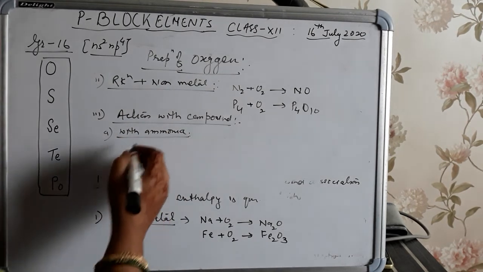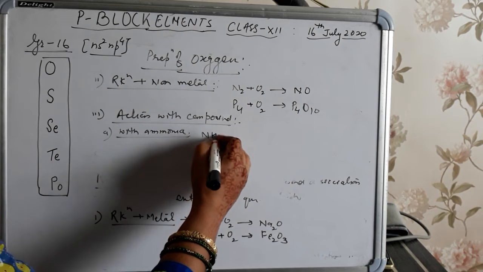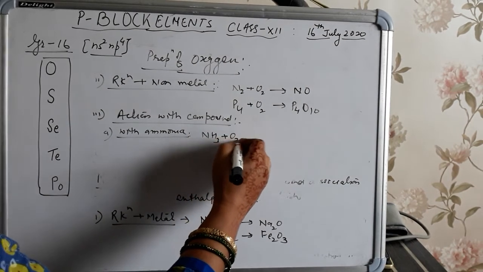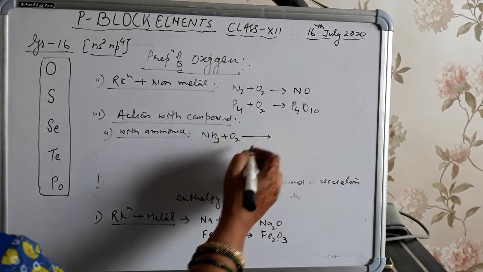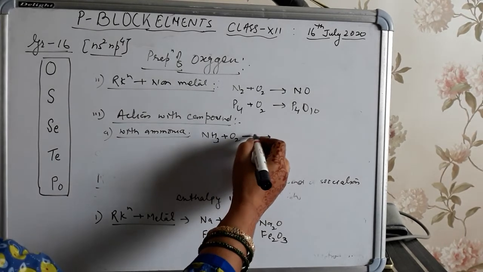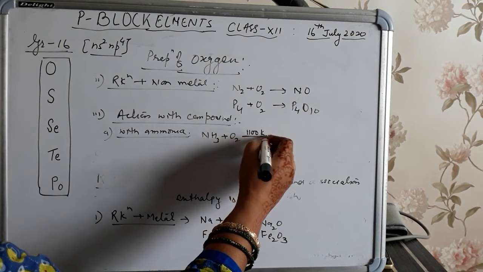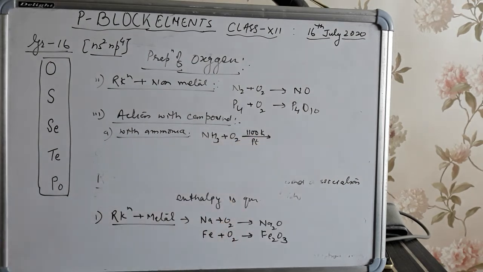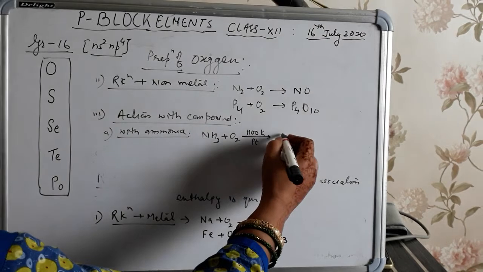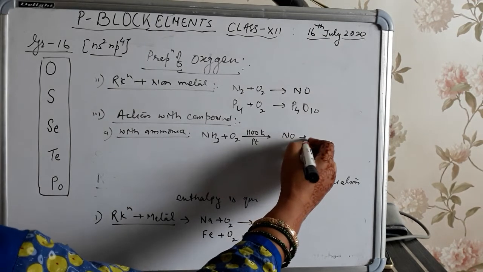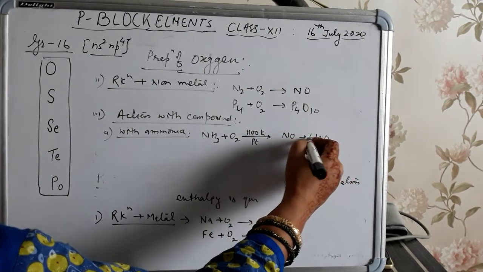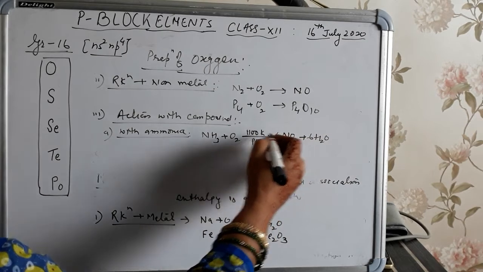Whenever oxygen reacts with ammonia, when NH3 is treated with oxygen at high temperature, suppose 1100 Kelvin, and in the presence of a catalyst, it will form nitric oxide and water.